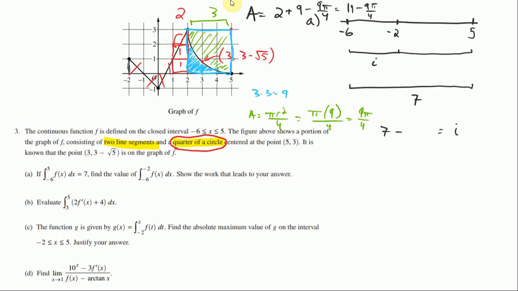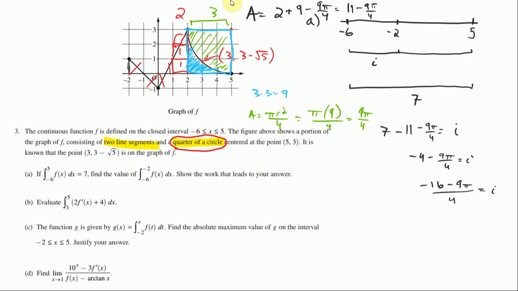So there we go. 7 minus (11 minus 9 pi over 4) is equal to I. So we get -4 plus 9 pi over 4 equals I. And let's see. Looks like it's (-16 + 9 pi) all over 4 equals I.